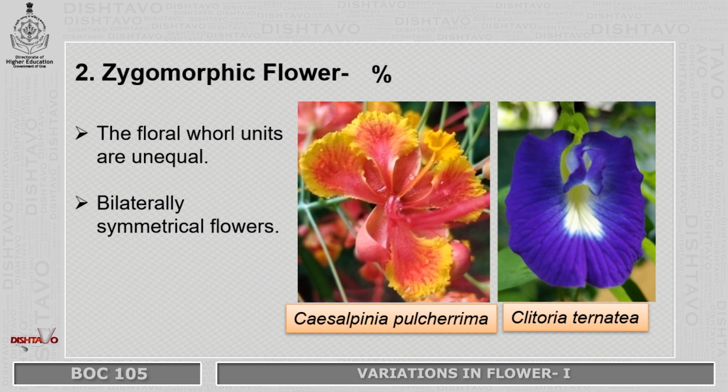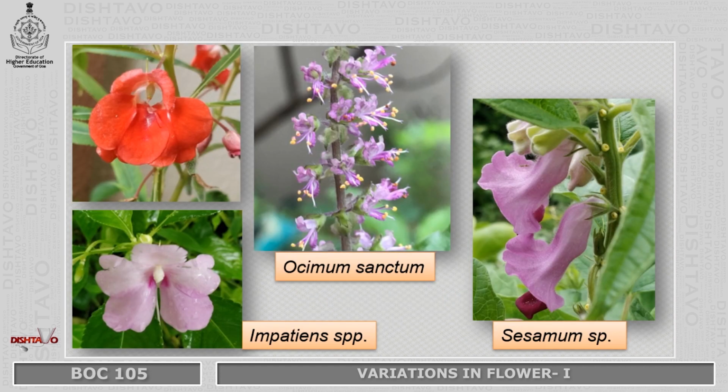So you can divide this flower into halves through only one median plane. These flowers are bilaterally symmetrical flowers, and the examples of zygomorphic flowers are Caesalpinia pulcherrima, Clitoria ternacea, Impatiens species, Ocimum sanctum, and Sesamum species.